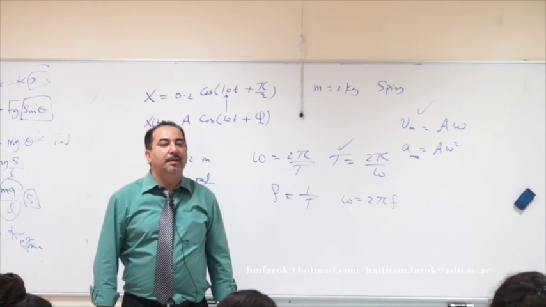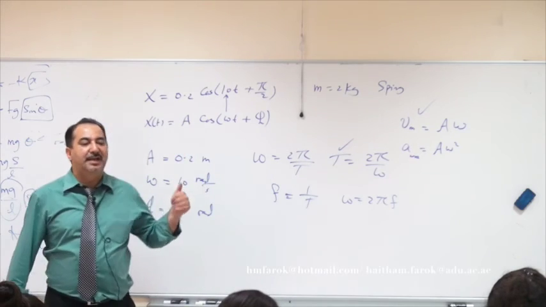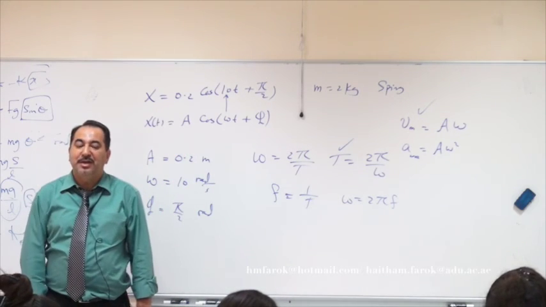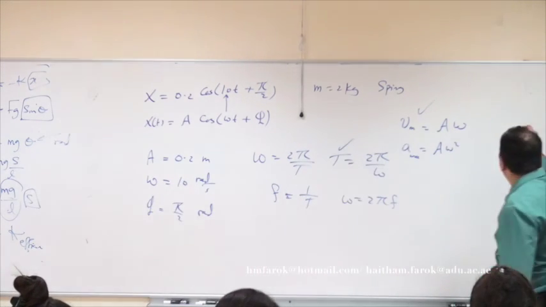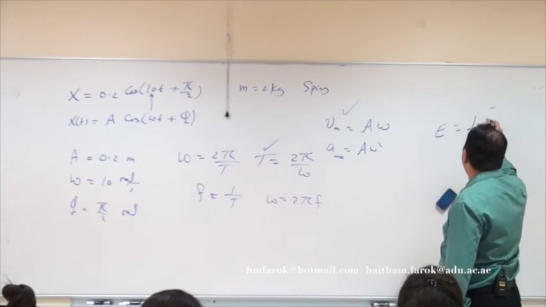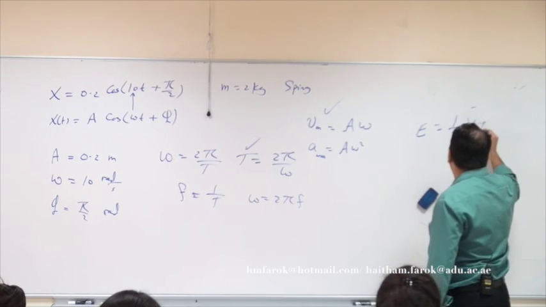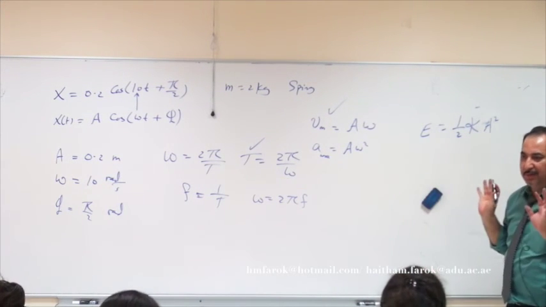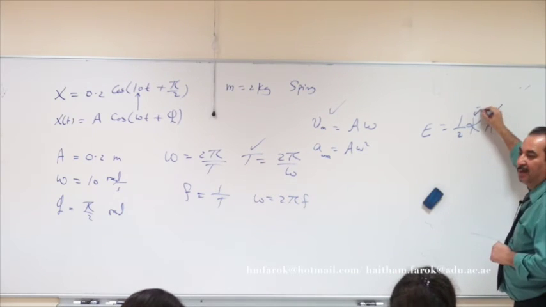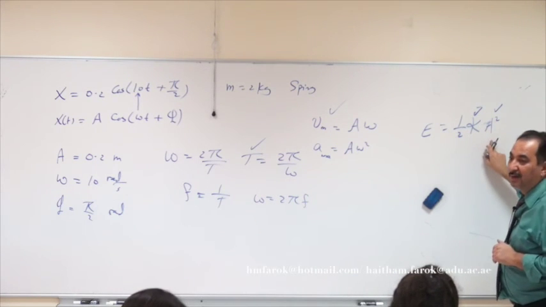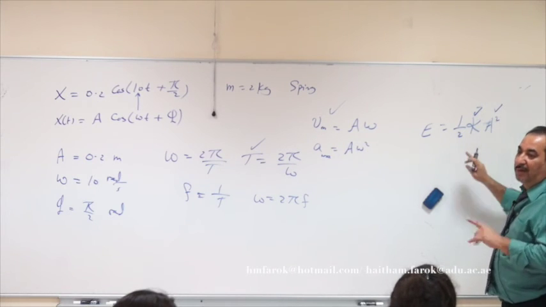What is the total energy of this oscillator? What do you need for total energy? What's the formula for total energy? E is half k A squared. Good. Listen here, this is something new. To find E, what do you need? A and k. Do you have A? Yes. What is left? This is a spring, yes?